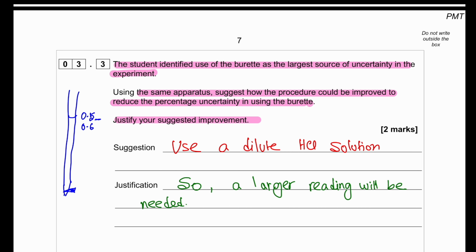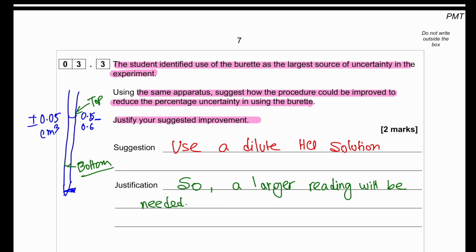The burette reading increases as we go down. Since the meniscus level can be within these two places, we have a natural tendency to have an error of plus or minus 0.05 cm3 all the time. And since we will be taking two readings, one at the top and another at the bottom, this adds to the error.